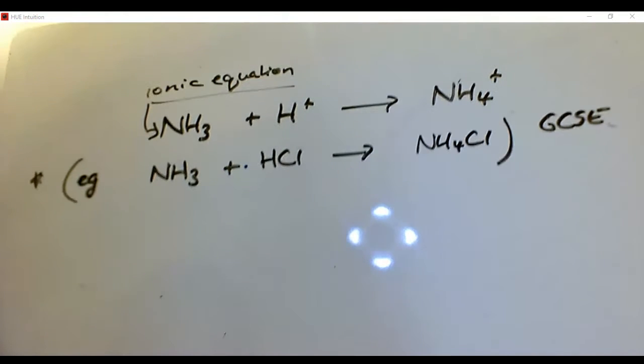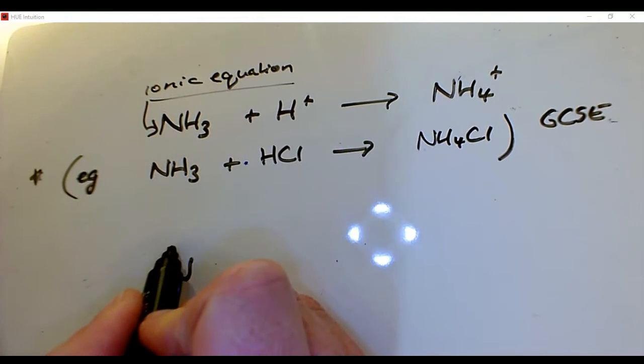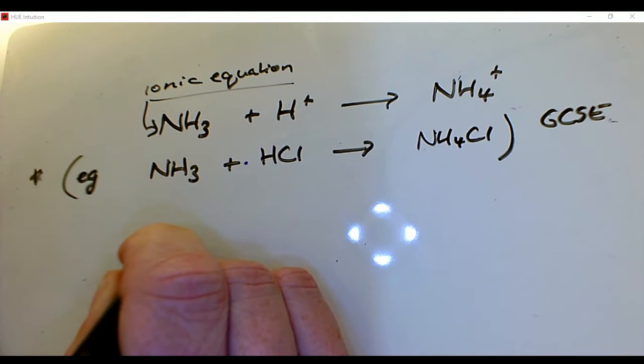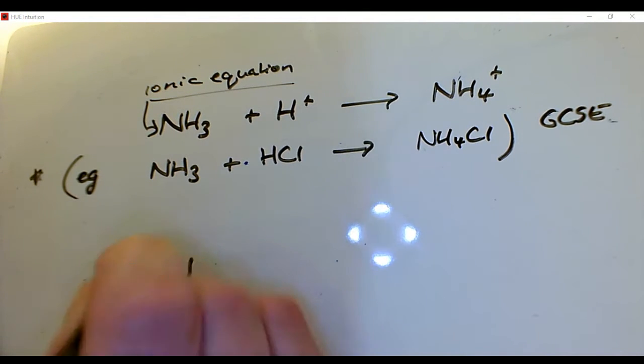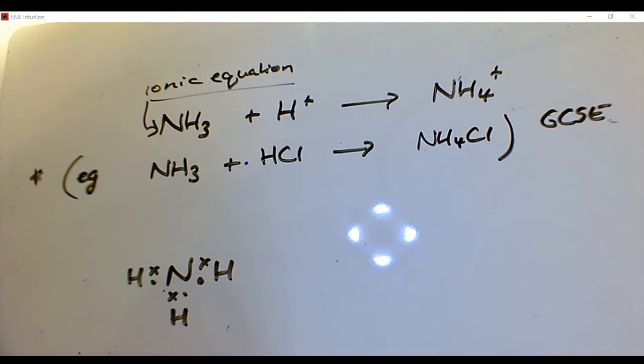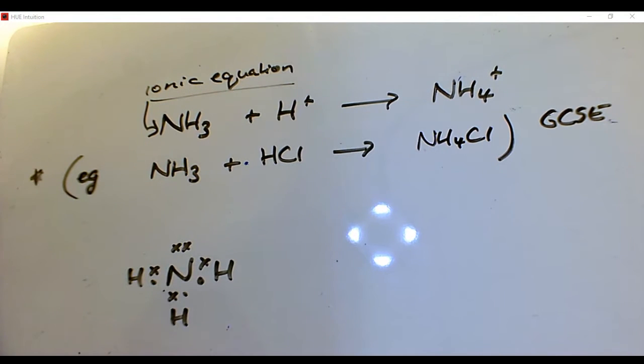Okay, so in terms of the bonding, let's draw nitrogen. And I'm just going to do the Lewis structure. So the nitrogen has 3 shared electron pairs with hydrogen, okay? And then it has a lone pair of electrons as well. Now, this lone pair of electrons is what's going to form the coordinate bond.